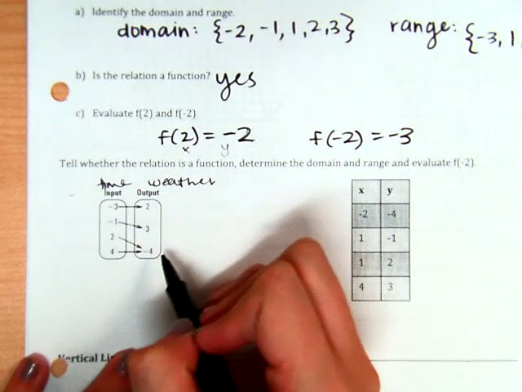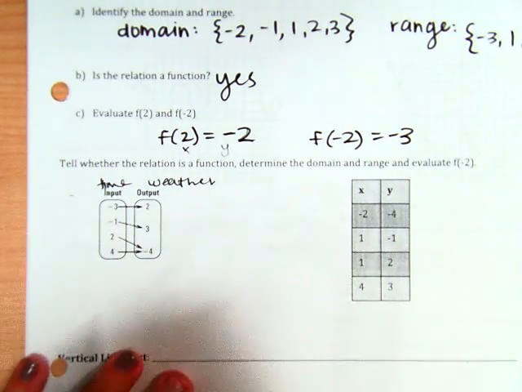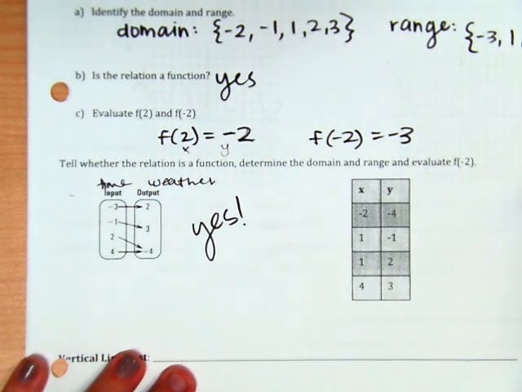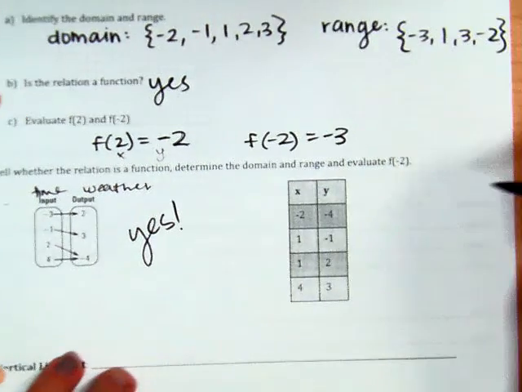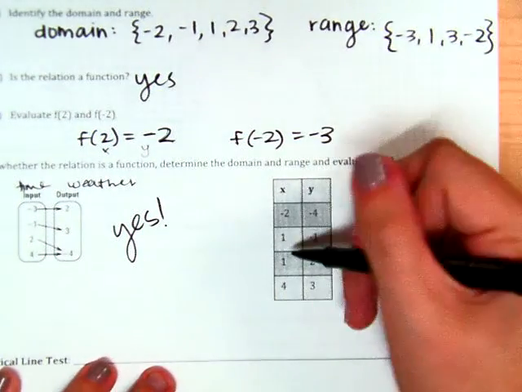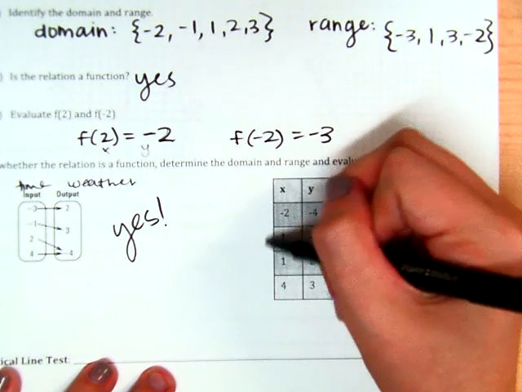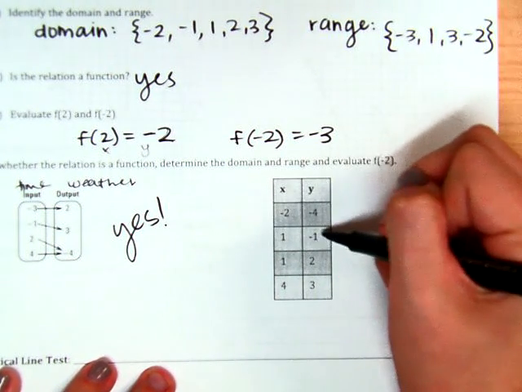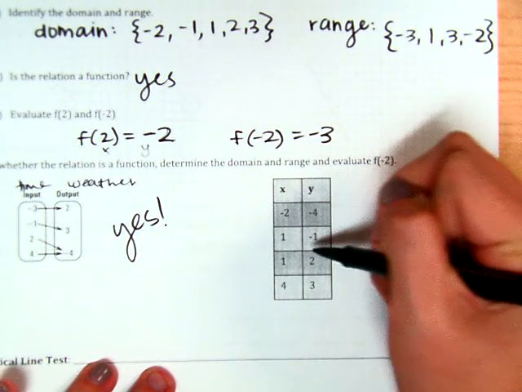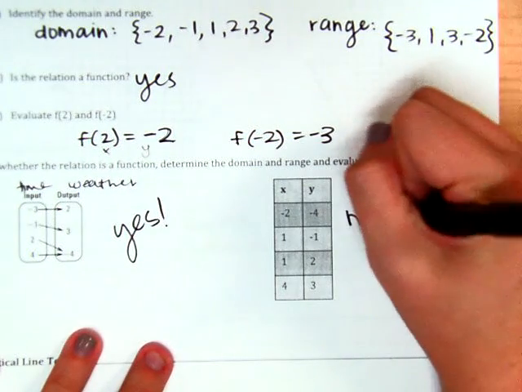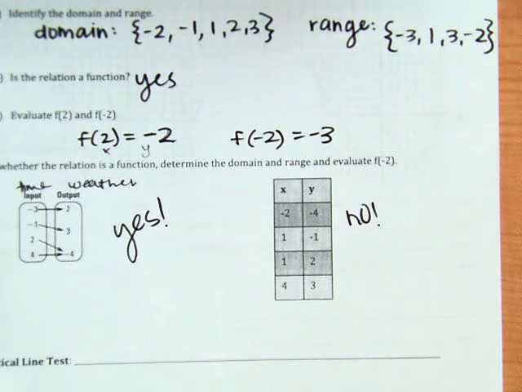At 2 p.m., can it be -4? Yes, that's all a good scenario. All that can happen. In this one over here, say this is time and weather. We look here and we say, okay, at 1 o'clock, it can't be -1 degrees and 2 degrees out at the same time. It's not possible. So this one would not be a function.